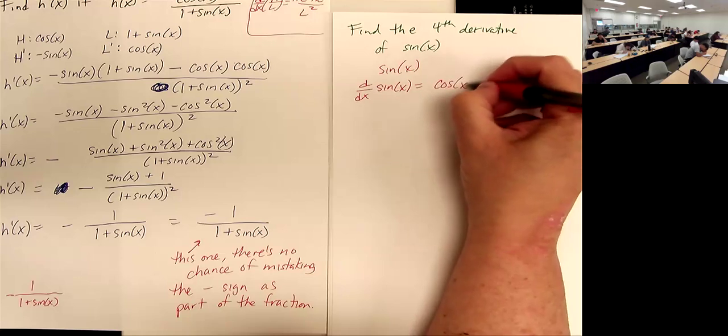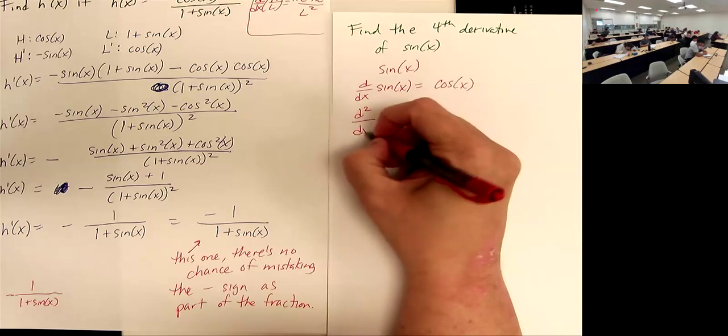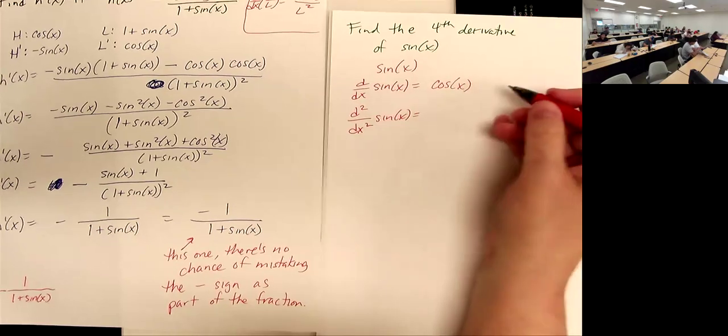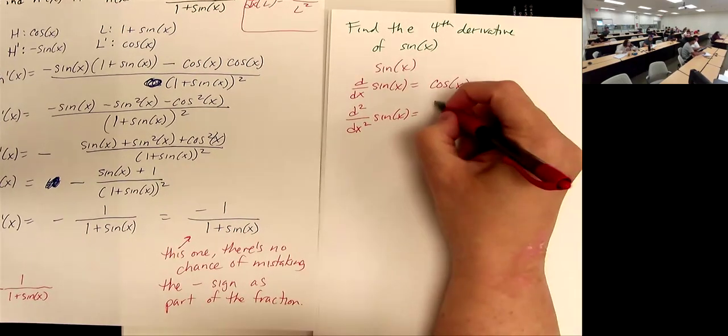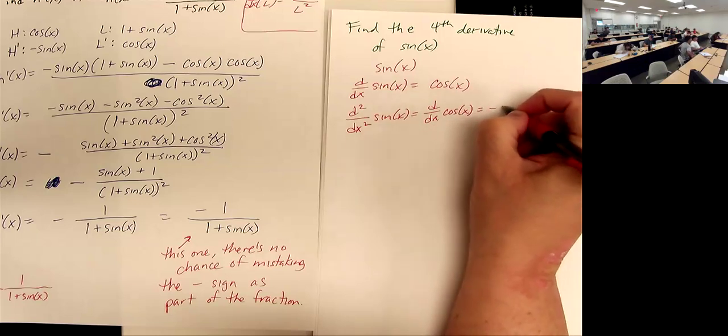Cosine x. The second derivative looks like that. That's just doing d/dx of cosine x, which is negative sine x.